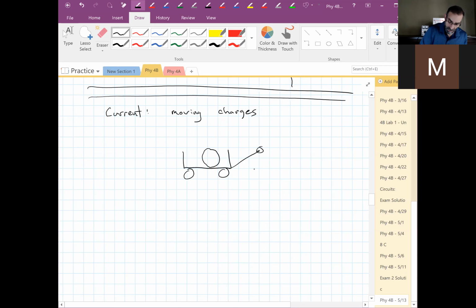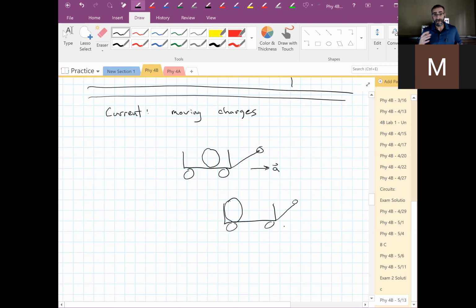And you gave the wagon some acceleration in this direction. What happens to the ball? It ends up at the back of the wagon, right? It has inertia, it resists that change in motion. The wagon moves forward underneath it, and the ball ends up back here, right?